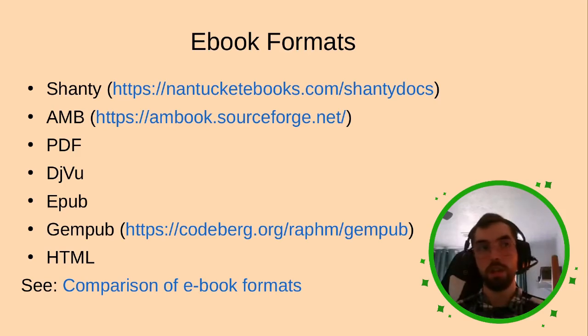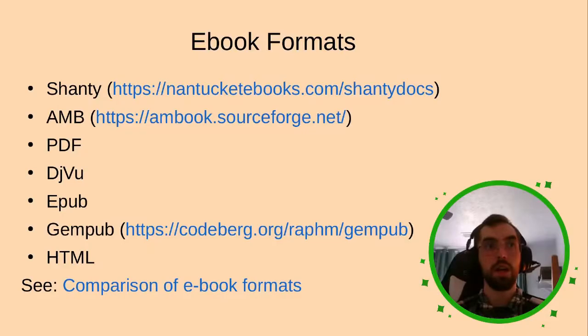GemPub is new. It uses GemText, which you would know about if you've heard about the Gemini protocol. It's like a lightweight alternative to the web. And then, of course, you can publish in HTML like Project Gutenberg does. There's a useful Wikipedia article called Comparison of Ebook Formats. And all these formats that I show on this page are free.